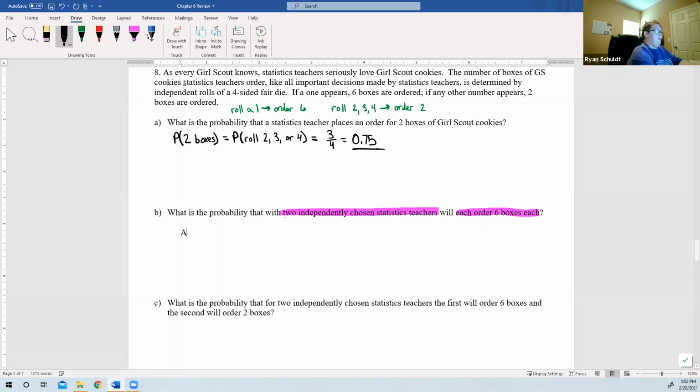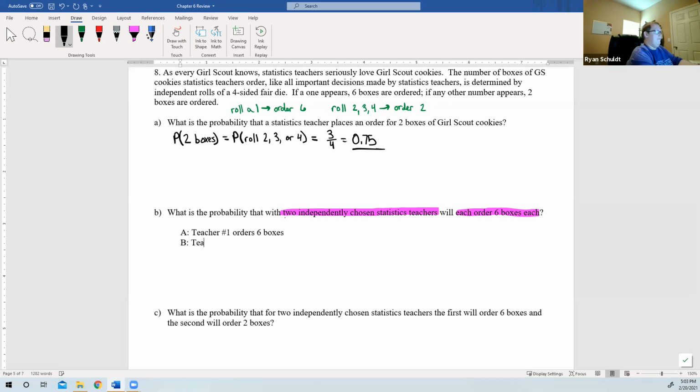A is the event that teacher number 1 orders 6 boxes. B is the event that teacher number 2 orders 6 boxes. Those are the 2 events we're going up against.